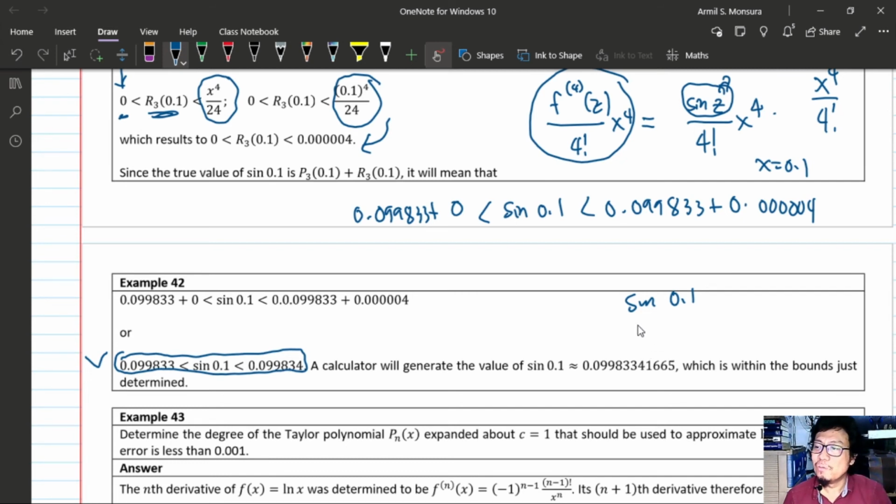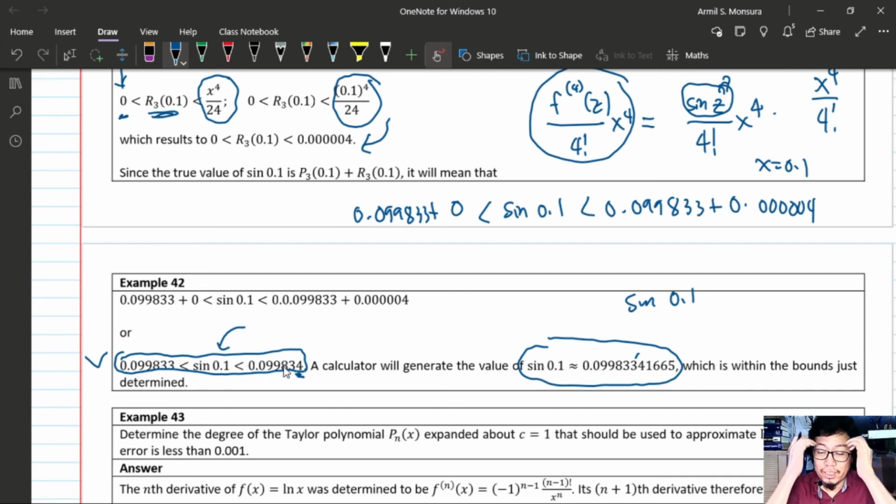So the actual calculator value for sine of 0.1 is 0.09983341665. Are we within that interval? 833, so here is the lower bound, and since the upper bound is 834, sine 0.1 is actually within this bound.